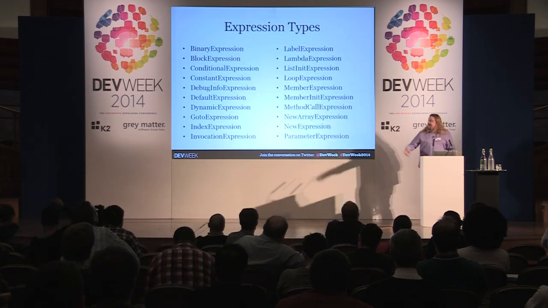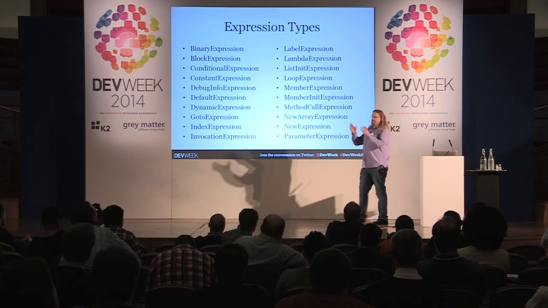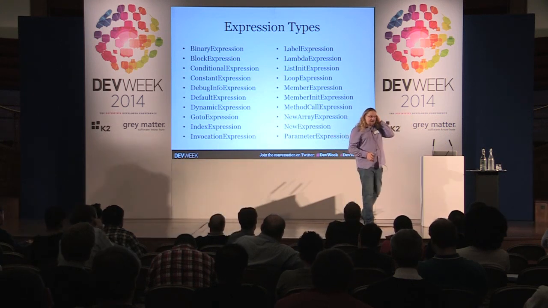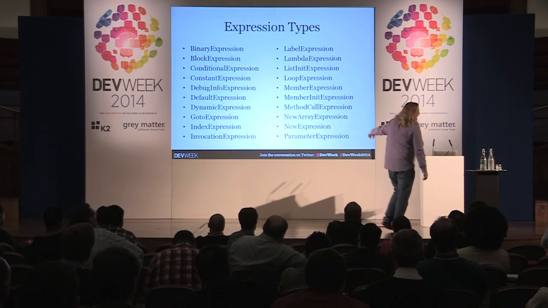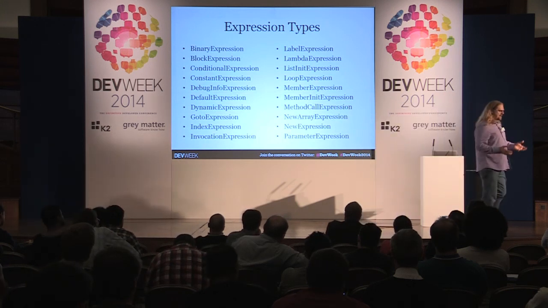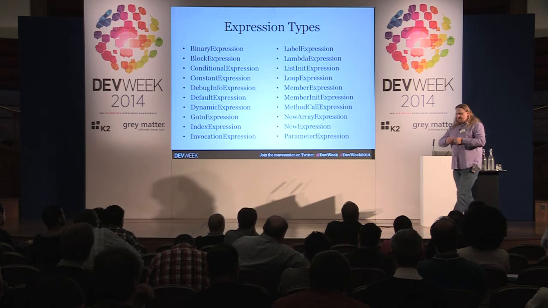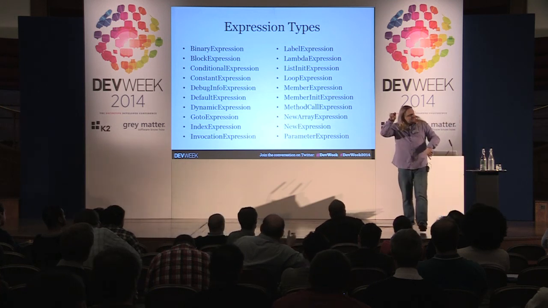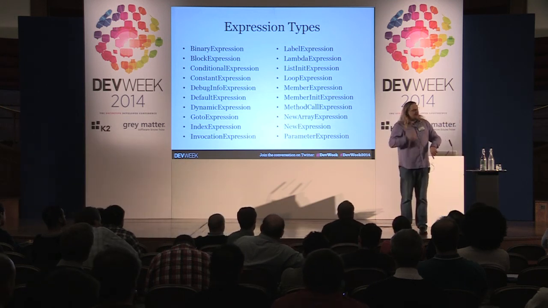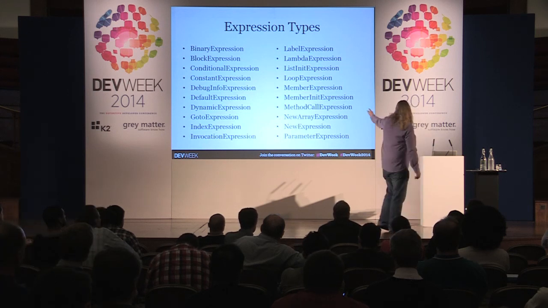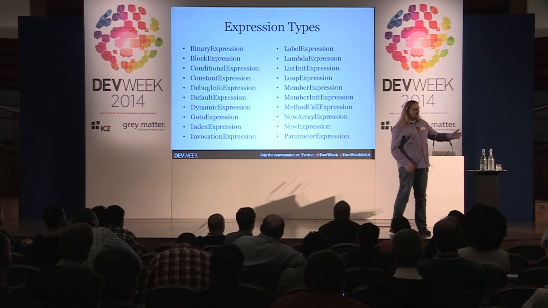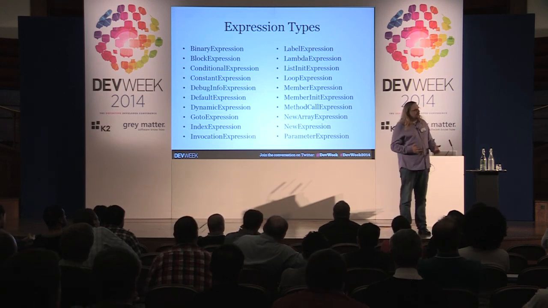These are the base expression types that Microsoft provide, and you've got everything here, from block expressions. A block expression is effectively a C# brace that will contain a list of expressions. And you can have assignments, variables, loops, whatever you want to do.